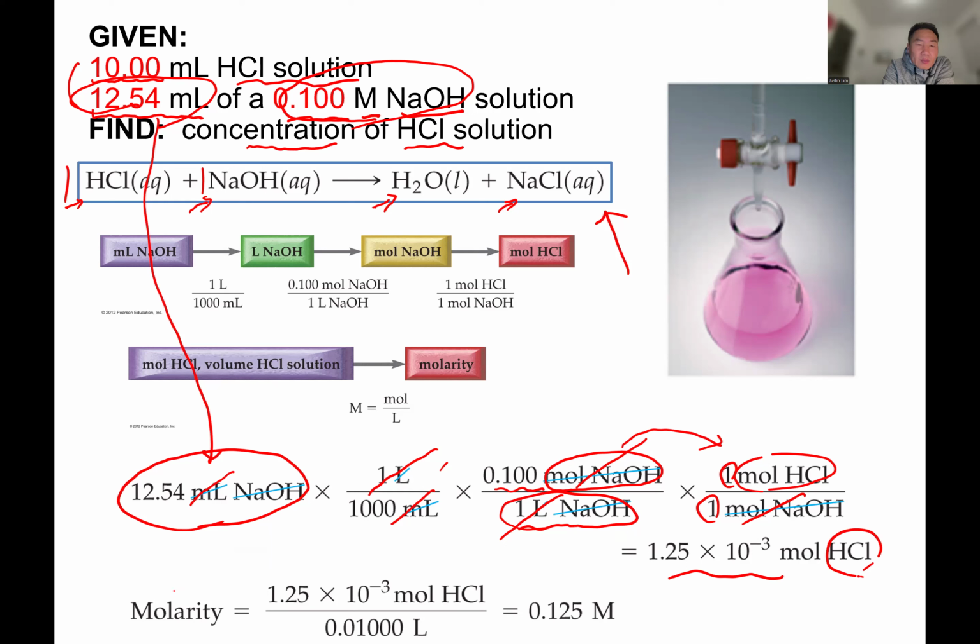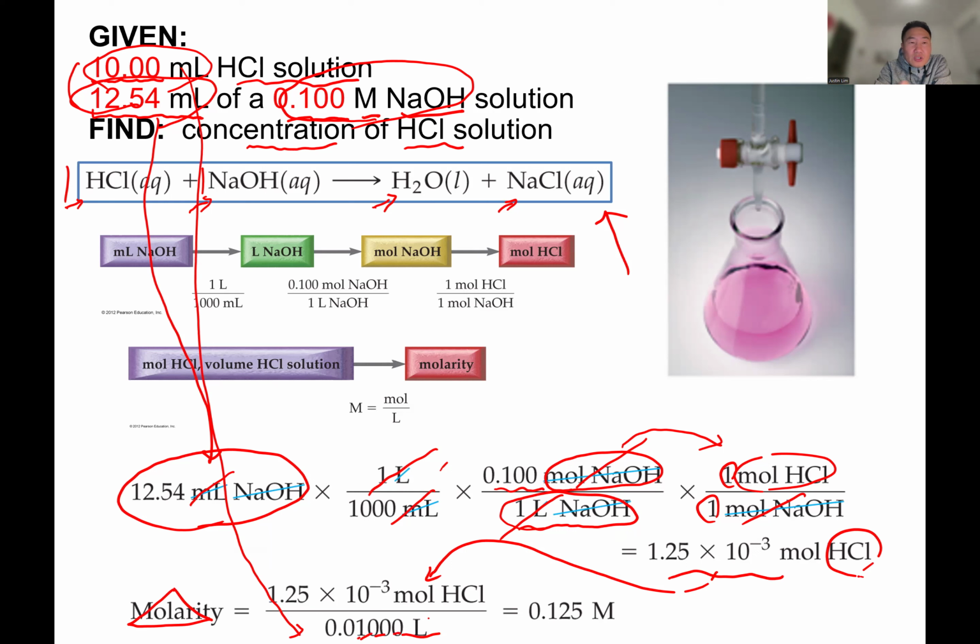To calculate the molarity of HCl, we calculate moles of HCl. Next, what is given? That's 10.00 milliliters HCl. You have to convert milliliters to liters. When you convert milliliters to liters, you get 0.01000 liters.